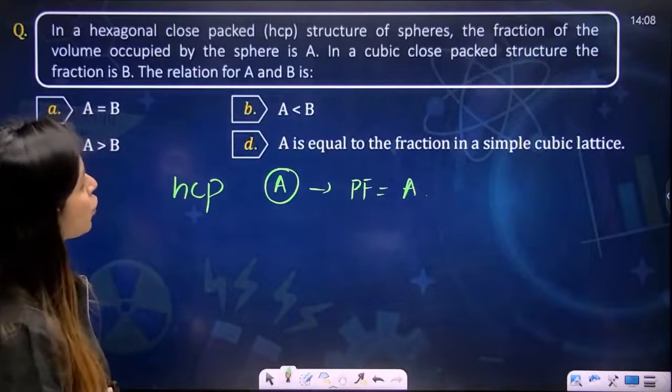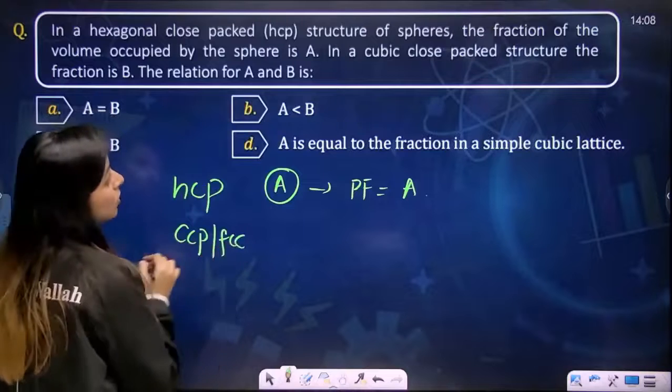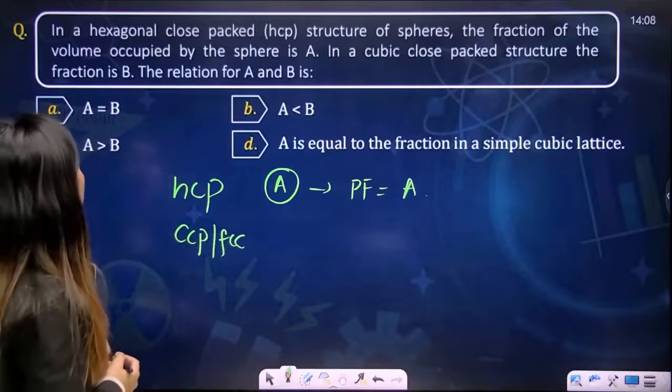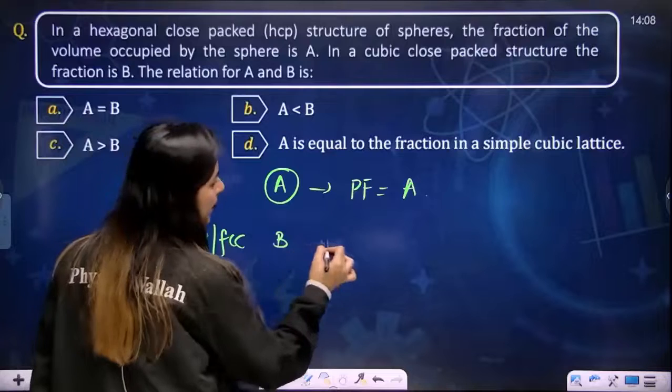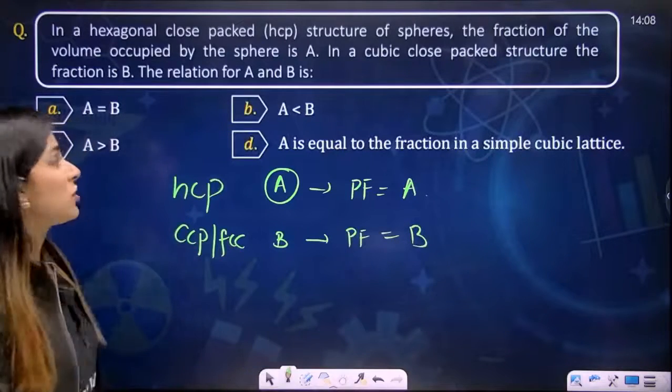In a cubic close packed structure, that is a CCP or FCC structure, the fraction is B. Let's say the packing fraction is B. What is the relation between A and B?